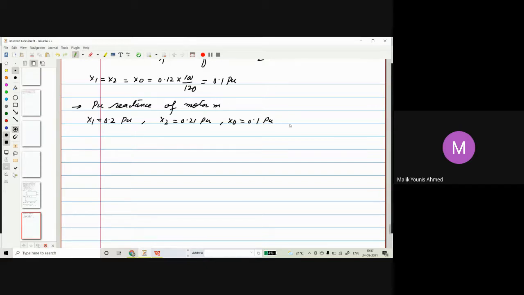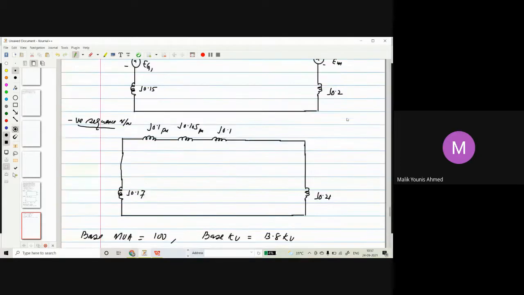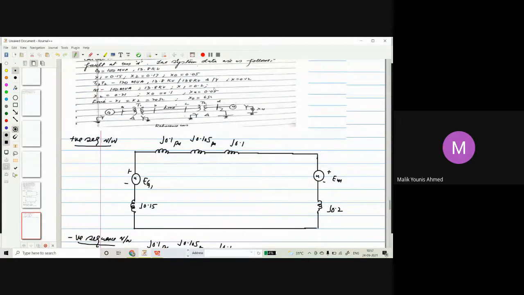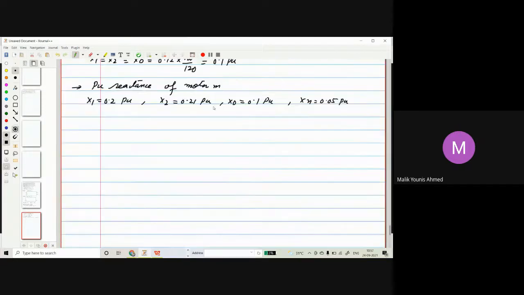Also Xn we have, that's the reactance, since it's grounded through reactance. So here we can see the values. We can check once again the motor X1, X2: 0.2, 0.21, 0.1, and Xn is 0.05.